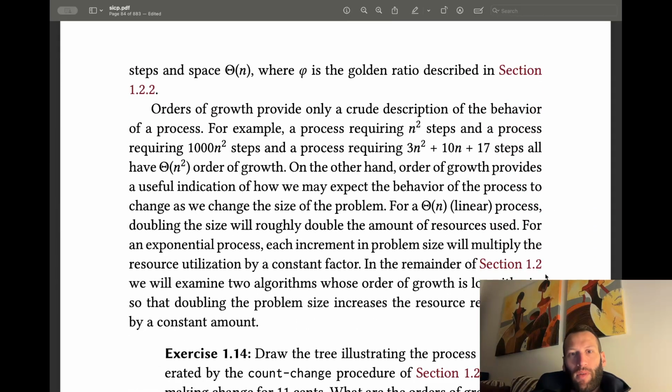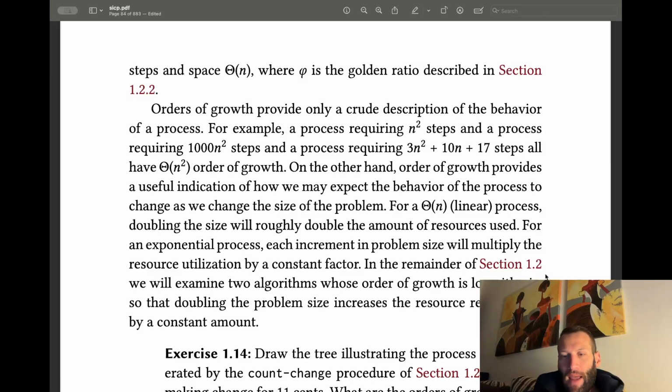Orders of growth provide only a crude description of the behavior of a process. For example, a process requiring n squared steps, a process requiring 1000 n squared steps, and a process requiring 3n squared plus 10n plus 17 steps all have the same order of growth. On the other hand, order of growth provides a useful indication of how we might expect the behavior of the process to change as we change the size of the problem.